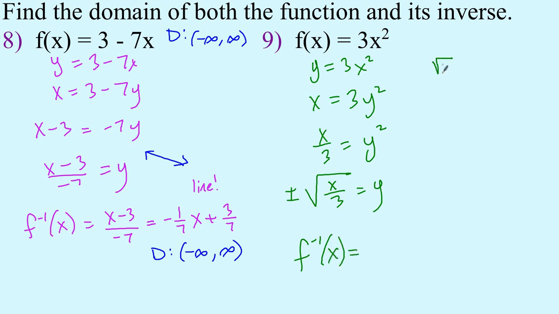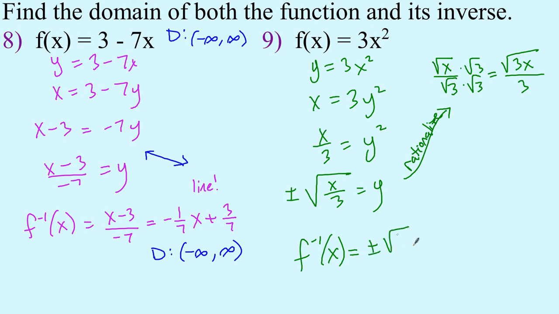So think about that. That's the square root of x over the square root of 3. Multiply by the square root of 3. You get the square root of 3x over the square root of 9, or 3. All right, so make sure you rationalize. Okay, so we get plus or minus the square root of 3x over 3.